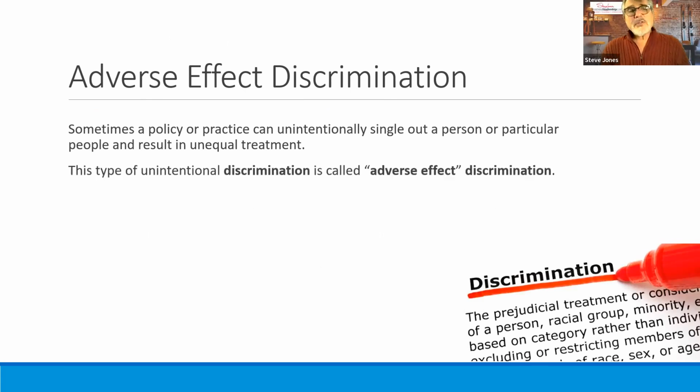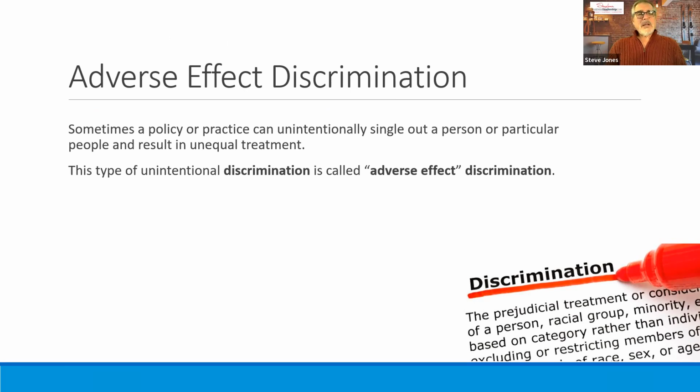So there's this notion in discrimination called adverse effect discrimination. Now, all discrimination is bad, but adverse effect discrimination is not bad discrimination. It's kind of like unintentional discrimination that no one should have, probably wouldn't have envisioned that it was going to happen.